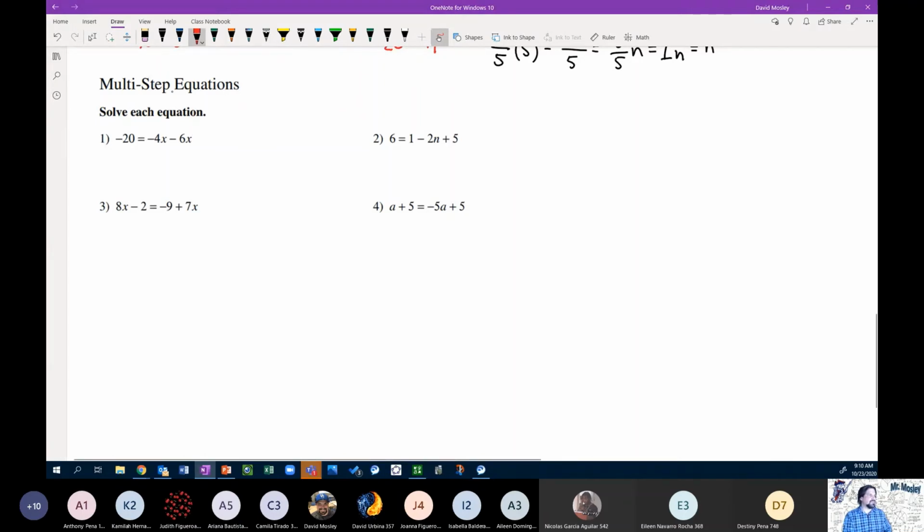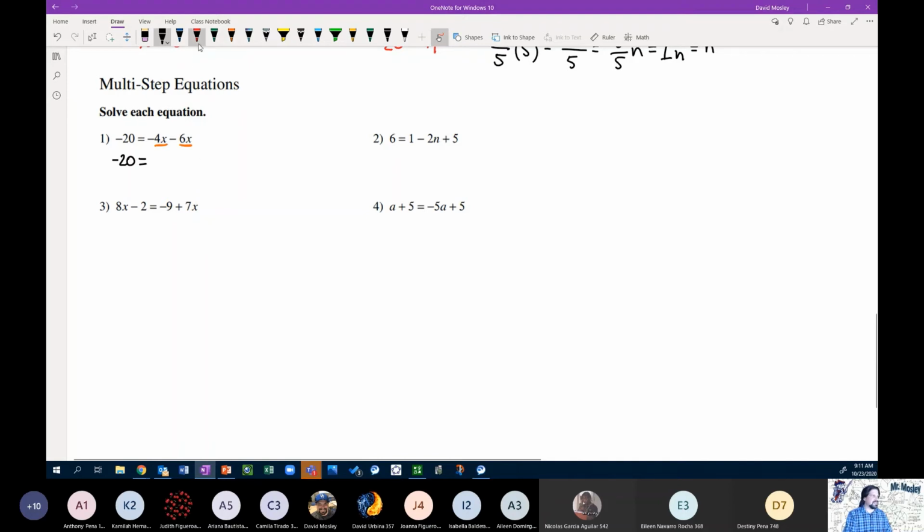We have two terms here that have a variable, and they have the same variable, which means I can put them together. That means I'm not going to add, subtract, multiply, divide, or anything yet. I'm going to combine the minus 4x minus 6x.